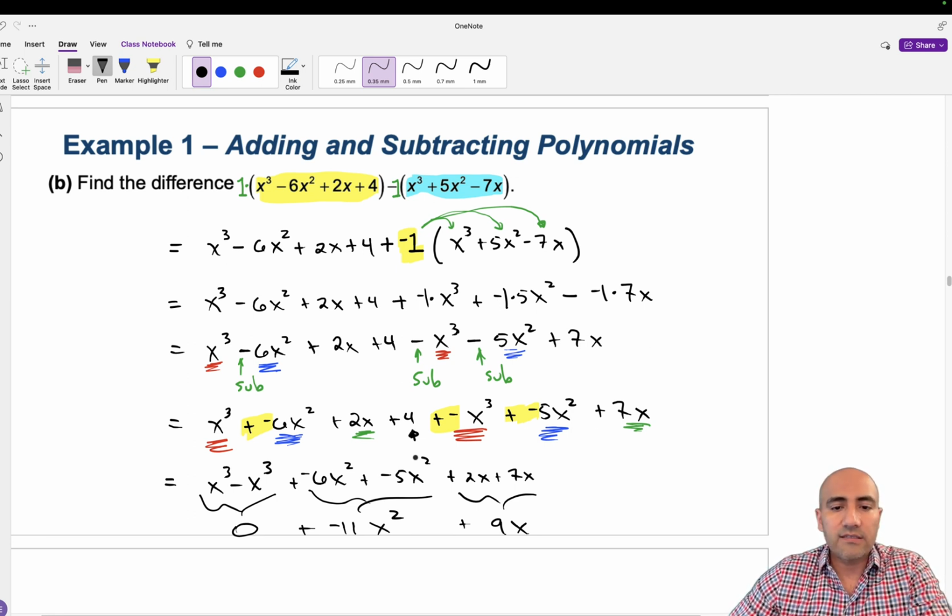It's the only constant, so we can just bring it to the end here. And so our final reduced answer, we don't have to copy down the 0. And an addition of a negative, we can also rewrite that as minus 11x squared plus 9x plus 4. And there's our final answer.